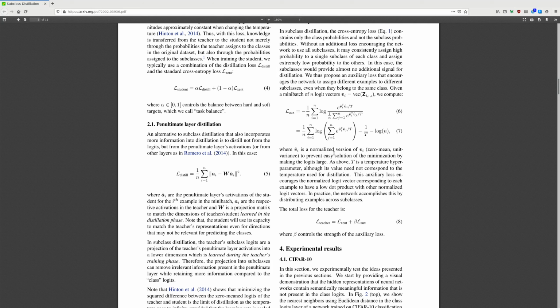The T above is a temperature hyperparameter, although its value need not correspond to the temperature used for distillation.